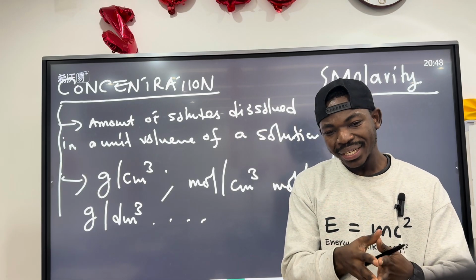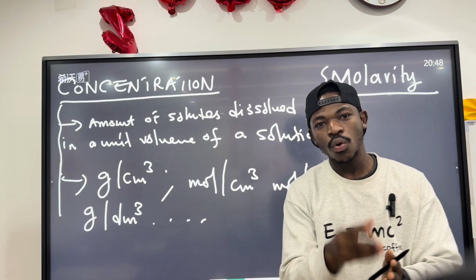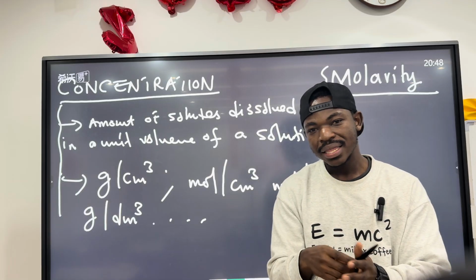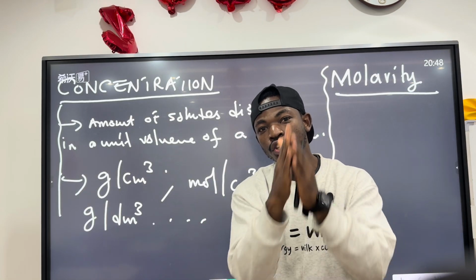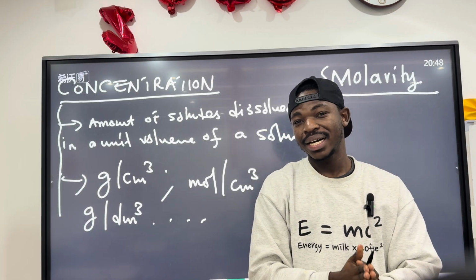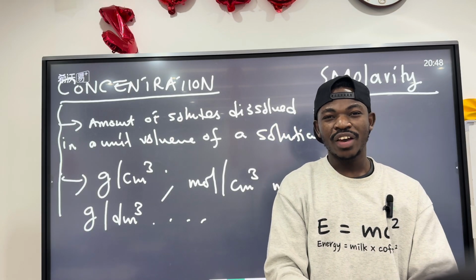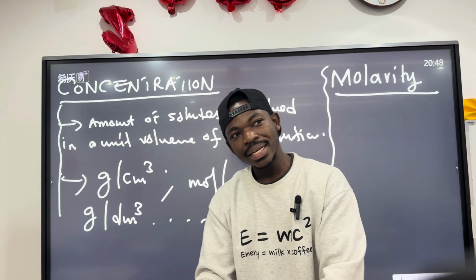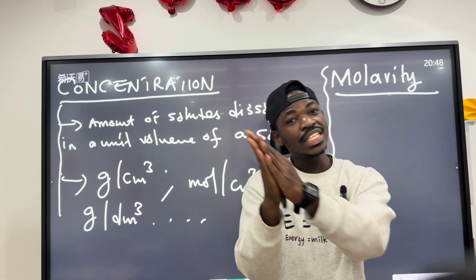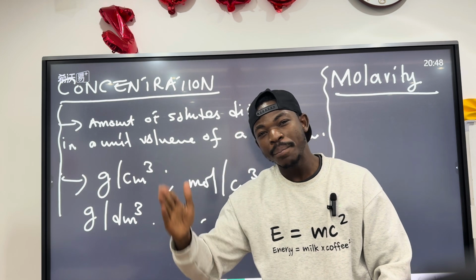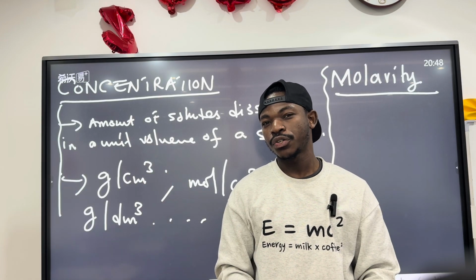So molarity is strictly a concentration where the amount should be in moles and the volume should be in cubic decimeters. So how do we define molarity? Molarity is simply the number of moles of solutes dissolved per cubic decimeter of a solution.